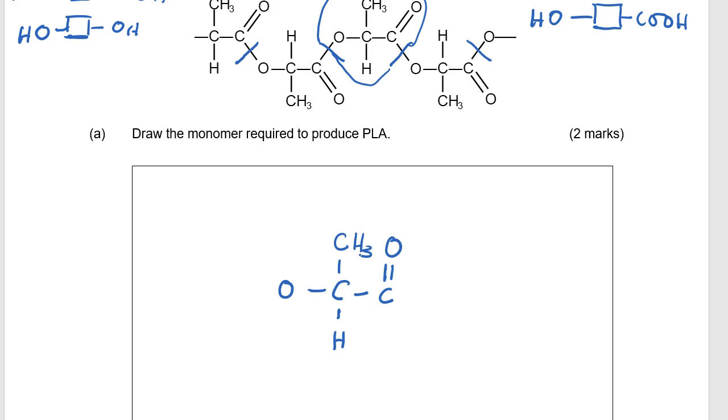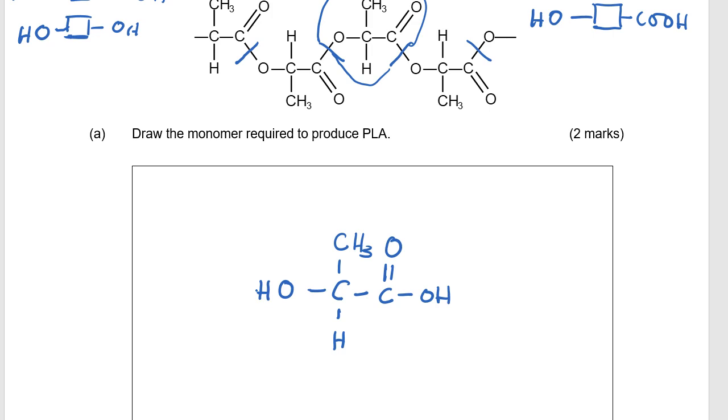Like I said, you either have this type of monomers or this type of monomers. Now since you can see only a single monomer being repeated, it's clear that the polyester was made with a monomer that has both carboxylic and hydroxyl group present. So obviously this part here is going to be the carboxyl group because it has a carbonyl group here already. So just add your OH, and here all you have to do is add H, and that's your monomer.